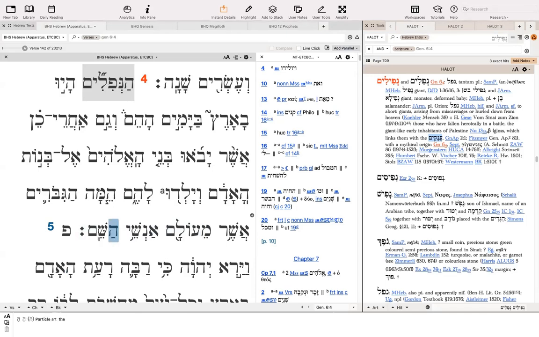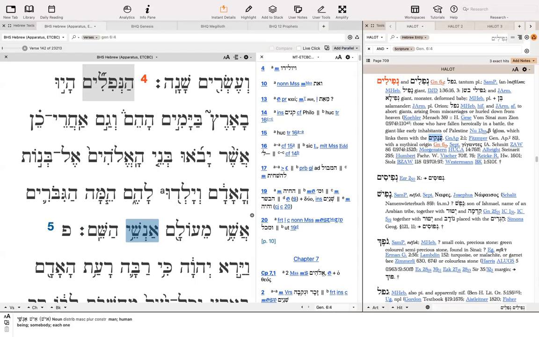Anshe hashem, men of the name. Now, Hashem is a word that has in later tradition come to be a name of God and is used respectfully instead of the tetragrammaton. Do not associate that with this. This is well before that tradition started. So this is not related to that. These are saying the men of the name.